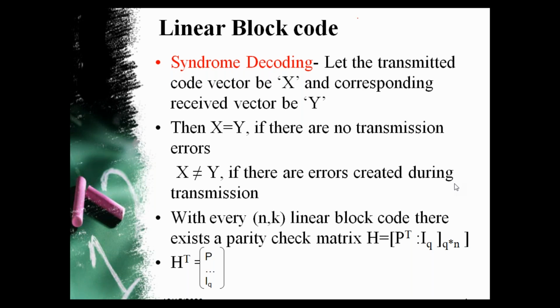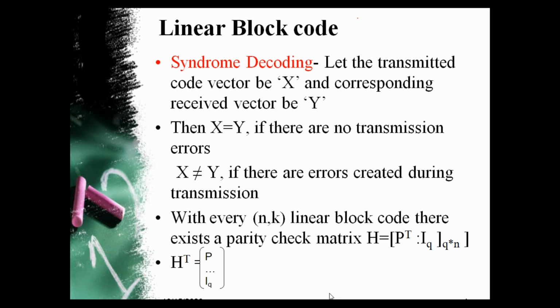Then here take the transmitted code vector as X. Here I am representing capital X as the transmitted code, and the corresponding received vector I am representing as Y. Then we know if X equals Y, that is, at the receiver end the received sequence Y equals X, it means there is no transmission error.